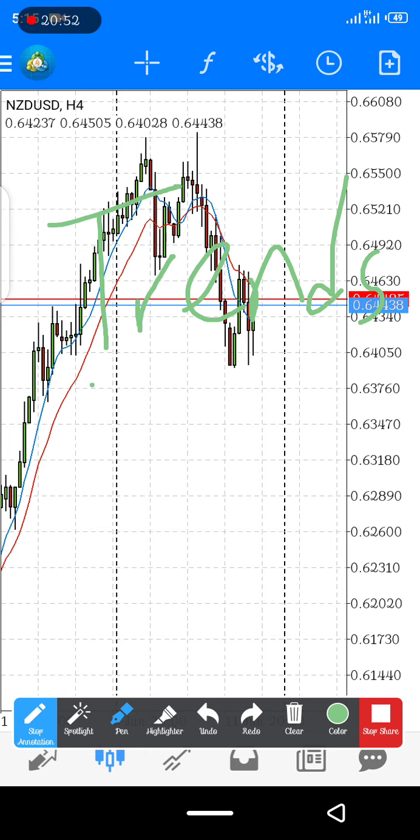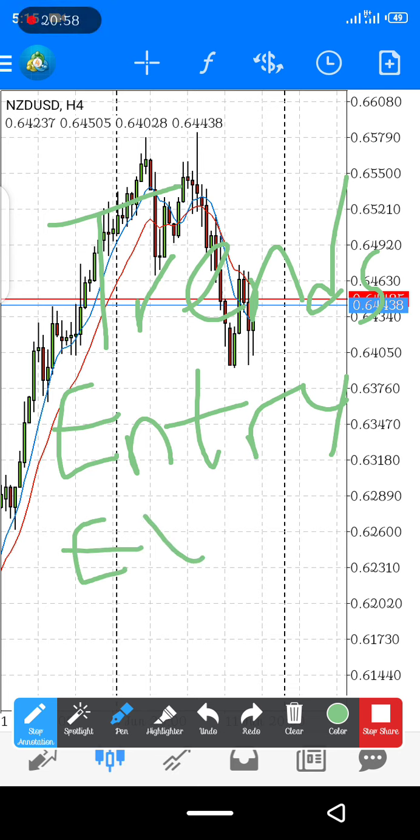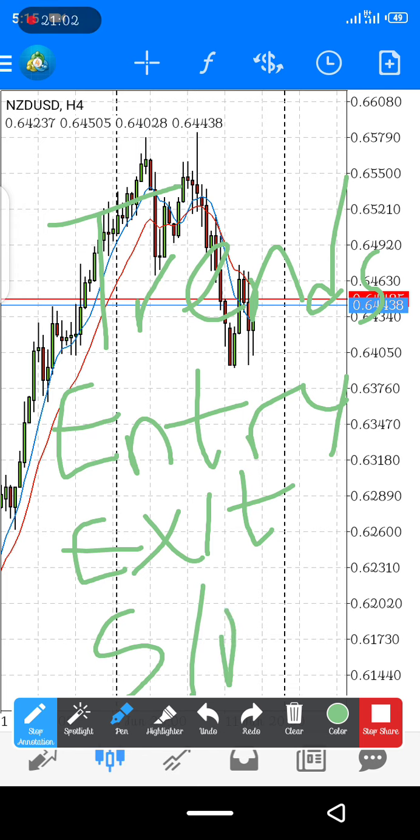Identify trend, entry, exit point, acts as support and resistance. Three things the moving average does for us, and it indicates a ranging market.